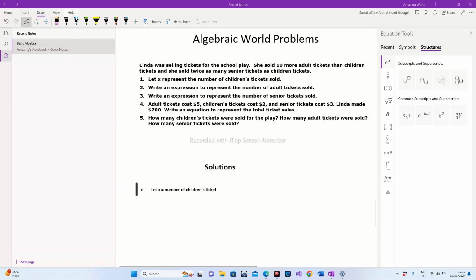For our second exercise, we are asked to write an expression to represent the number of adult tickets sold. Now we have to understand the word problem. What are we asked to do exactly? The way I love to explain these concepts is using the concept of money, because everyone loves and understands money so easily.